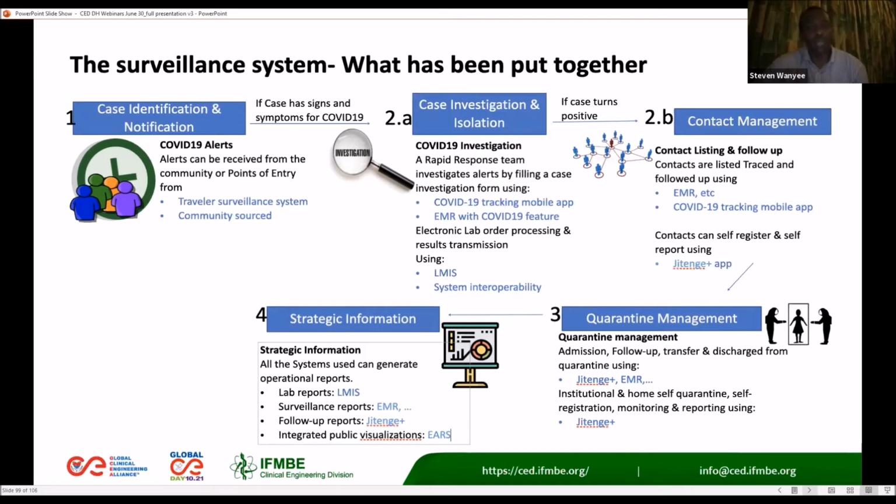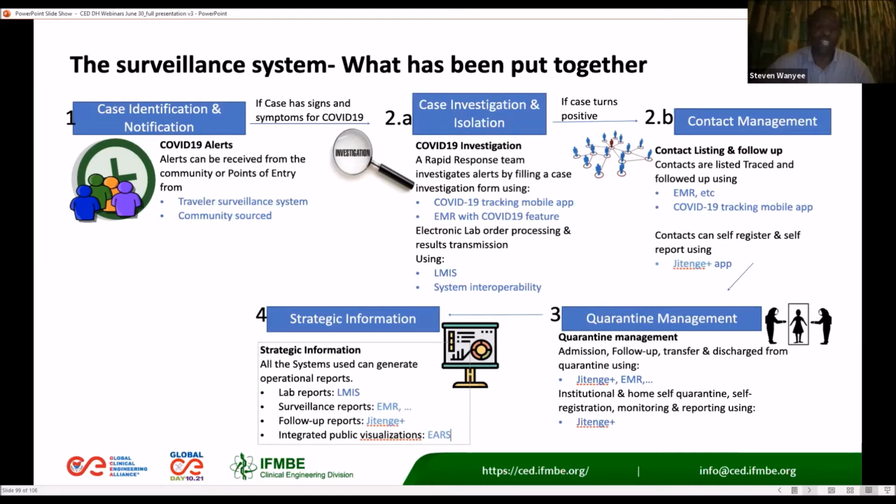The ministry also has a lab network with a laboratory information management system. Orders are sent to labs accredited to conduct diagnostics for COVID, and those results are then relayed back. I'll show you in a few slides downstream how that looks.